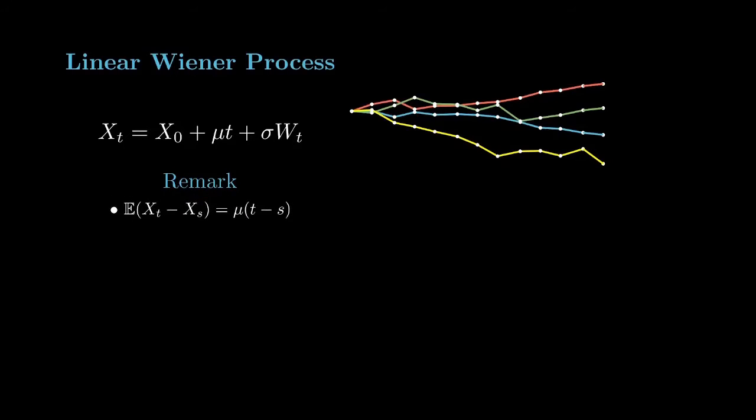The expectation is, as we already said, this mu times t minus s. The variance is sigma squared times t minus s.